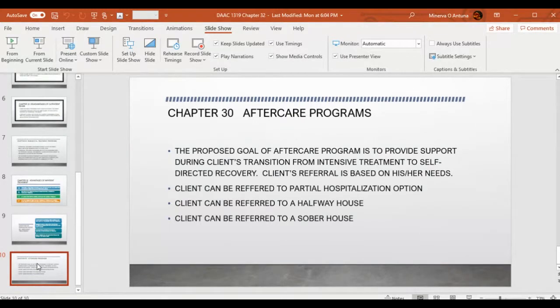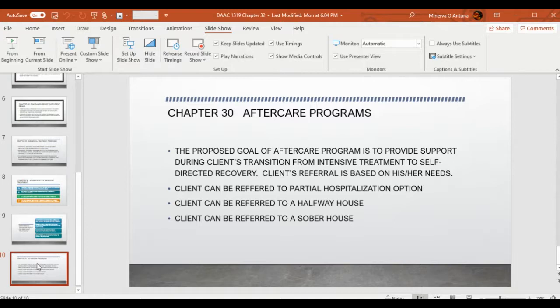Client referral is based on his or her needs. So in order for a client to make that transition, because we always talk about earlier the continuum of care, from least restrictive to most restrictive, and then again to least restrictive. And the goal is for the client to achieve self-directed recovery. That means they're in charge.